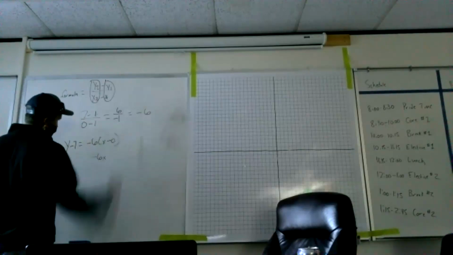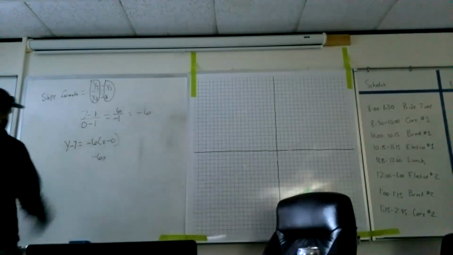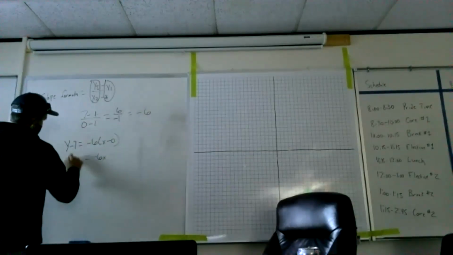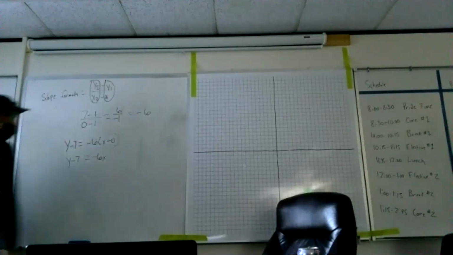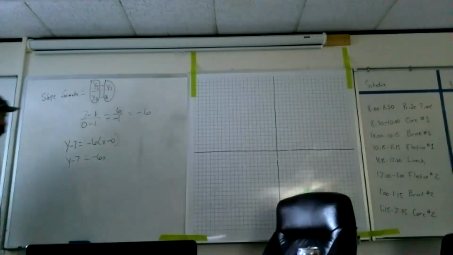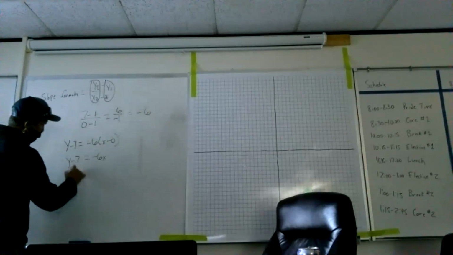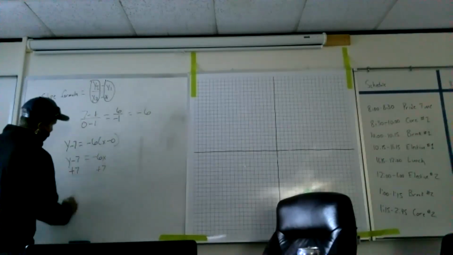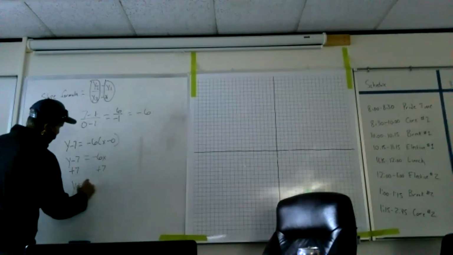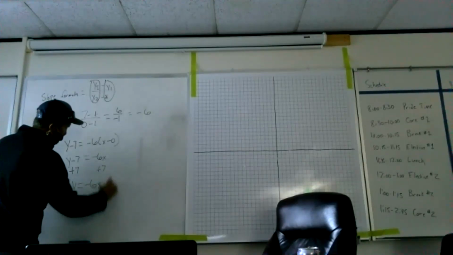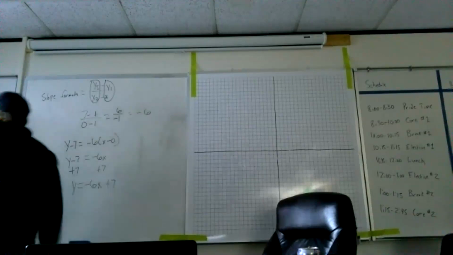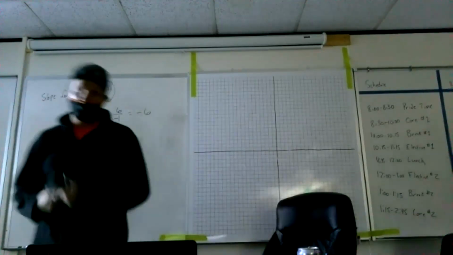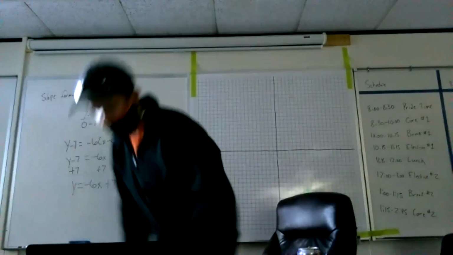Negative 6 times 0 is 0, so we can omit that. So after we carry out the distributive property, we're left with y minus 7 is equal to a negative 6x. We isolate the y variable by adding 7 to both sides. And we are left with y is equal to a negative 6x plus 7. So that should correspond to answer B.